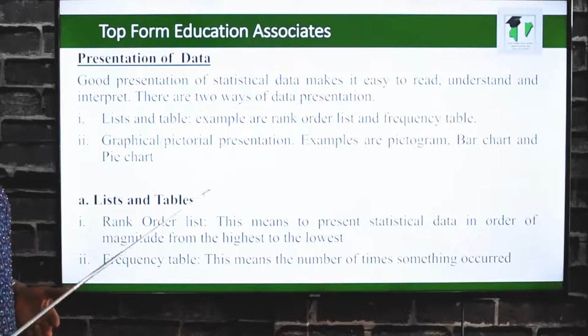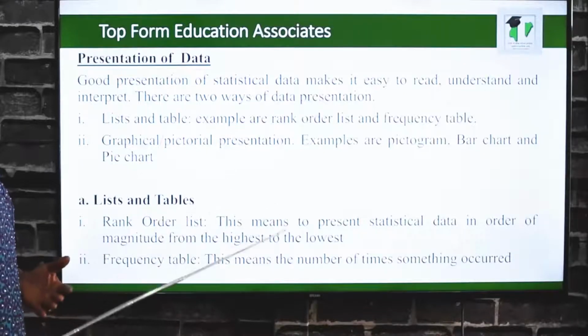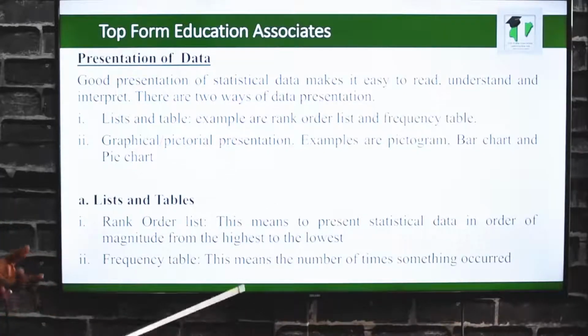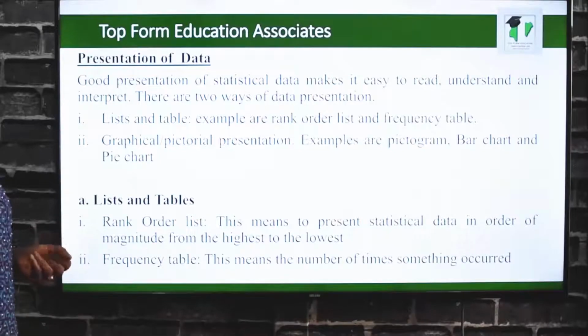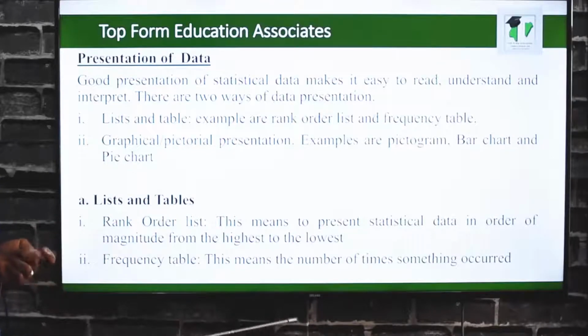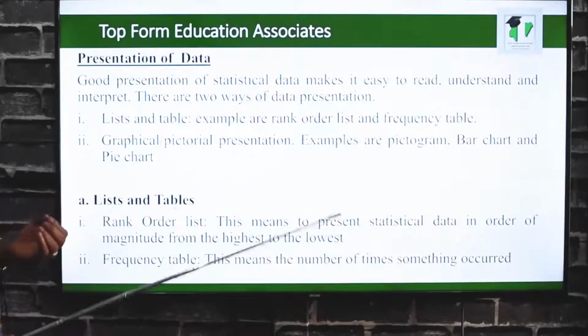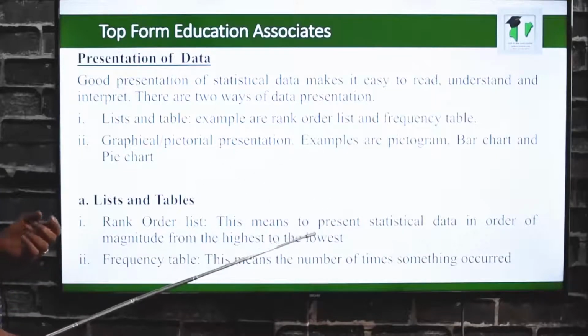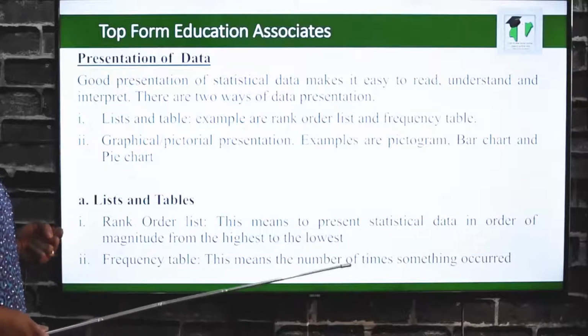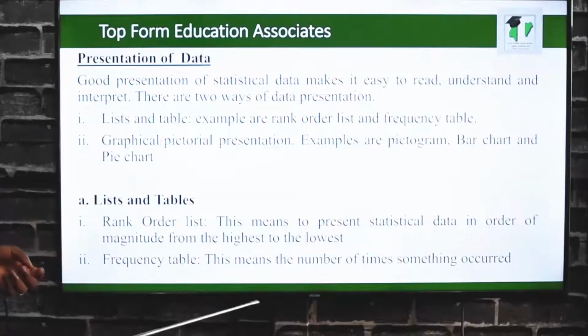So we will now take these examples, the lists and tables, and then the pictorial presentations. I just hope you are following in all we have been discussing under collection and presentation of data.